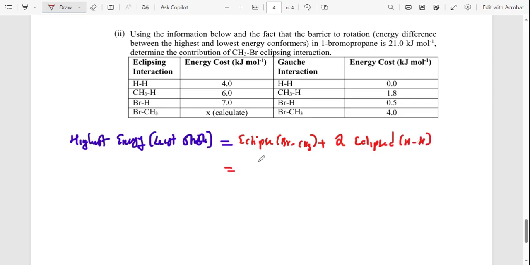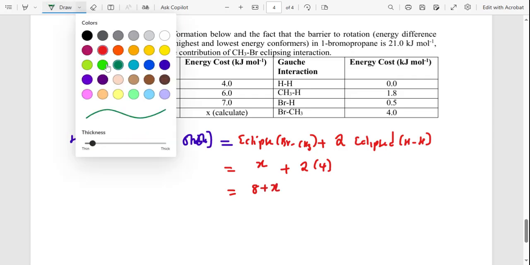The eclipse between Br and CH3 is what we want to calculate, so that is just the X. That's the energy cost. And then plus 2 the eclipse between H and H. You go on the diagram, you can see that is a 4. So this is going to give us 8 plus X. And then let's go to the one with the lowest energy.